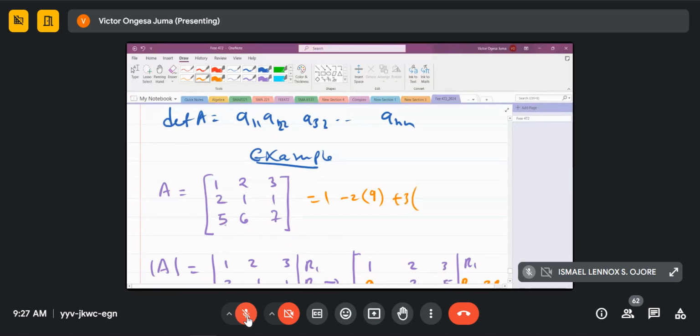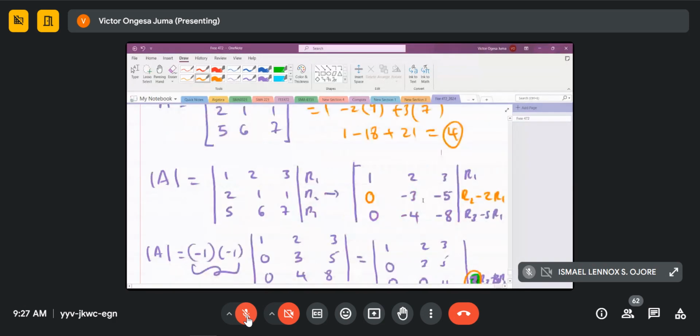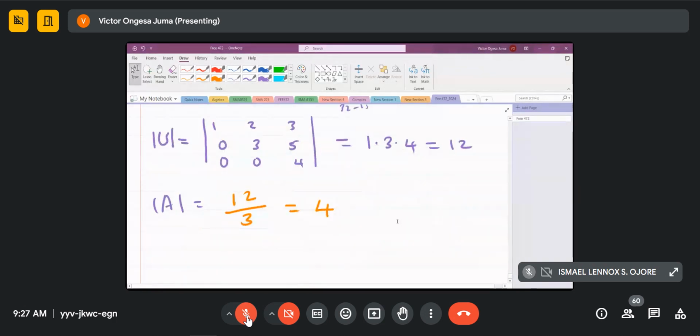That is 12 minus 5, which is 7. So that's 1 minus 18 plus 21. That's 22, which is 4. And we get the same answer. So just keep note of that property.